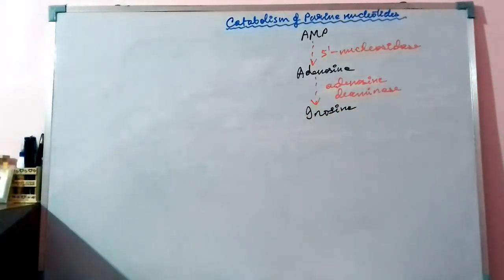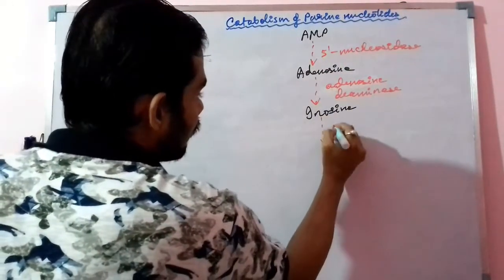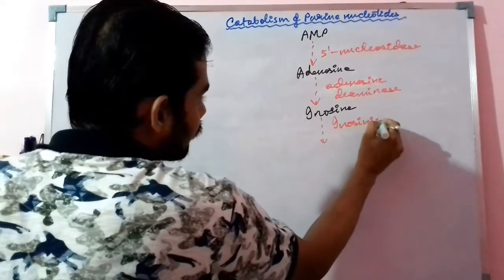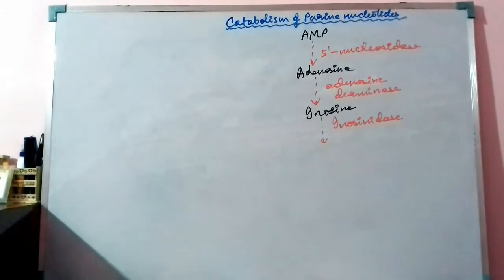Now inosine, in the presence of inosinidase, is an enzyme. Okay, in the presence of inosinidase or nucleosidase, it helps in the formation of hypoxanthine.